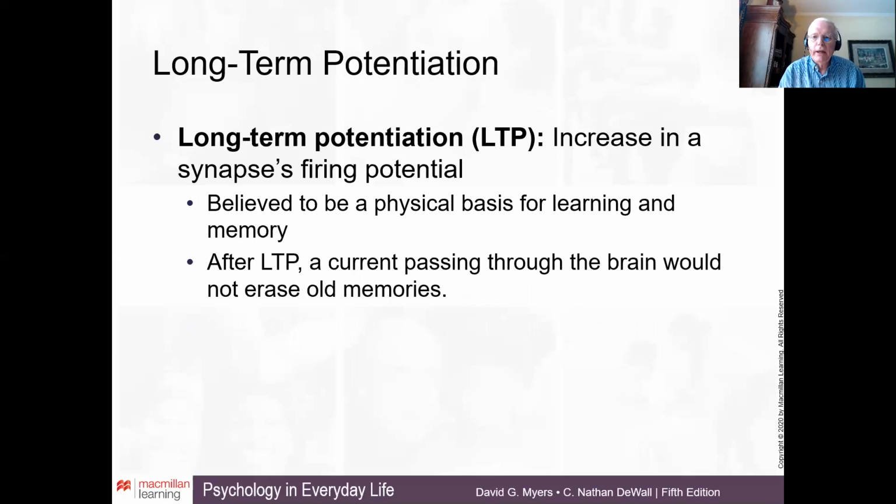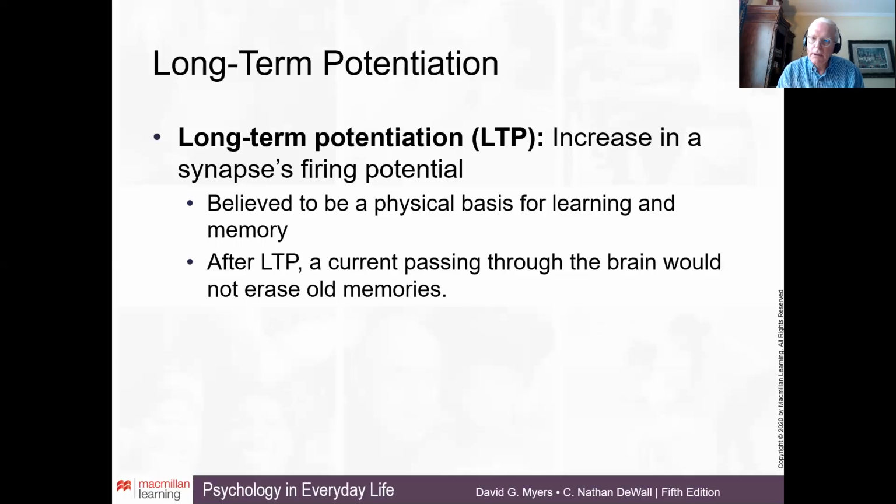Researchers have found that if you teach an organism something new and you send an electric current through the nervous system immediately after being taught something new, it prevents the learning from becoming a memory, from being remembered.